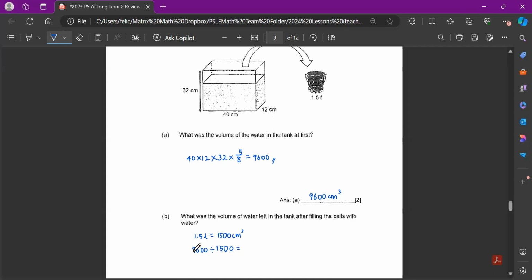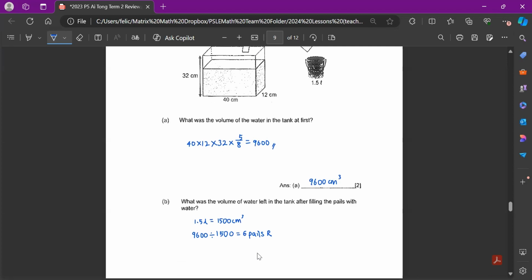When you take this water divided by water per pail, you are getting the number of pails. So you can't have 0.4 pails. So what you do instead is to present it as a remainder. So in front of the point, you put a 6 first, 6 pails, must understand what this 6 represents. And the remainder you got to recalculate out. Do not use the 0.4 anymore. The 0.4 is useless already.